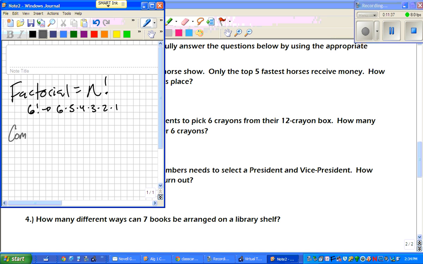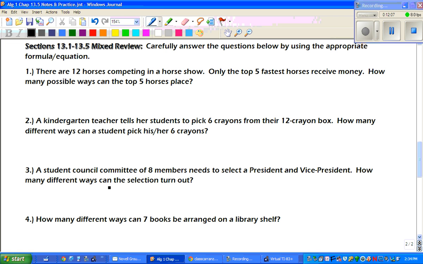If we're talking about a combination, that is the nCr, and there's a specific formula for that, and order does not matter. And the last one we talked about was the permutation, which we did today, the nPr, and order matters. Okay, so you need to know those two things, and you need to know what those formulas are. Okay? All right, let's go over this.